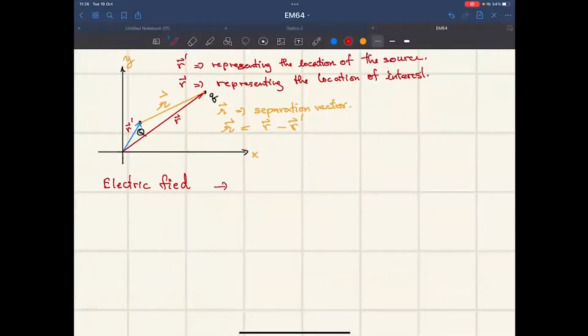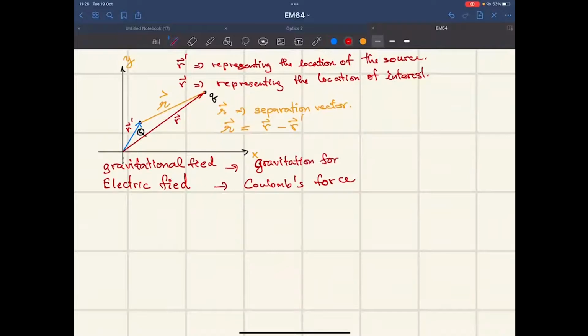The electric field relates to the Coulomb force, just like the gravitational field is related to the gravitational force, basically mg, right? What is the gravitational field here? It's g. So when we add an m, you get the force. Similarly, the electric field is related to the Coulomb force.